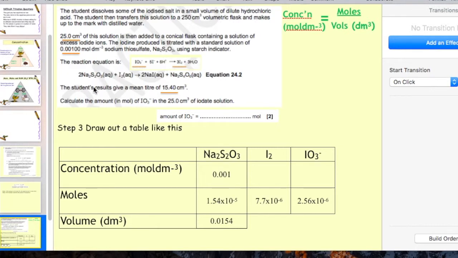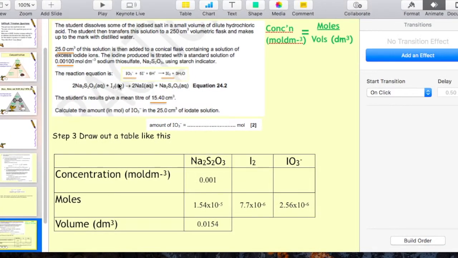So I know how many moles of that I've got. How many moles of that have I got? Well, what you have to look at there is the mole ratio. When we look at the mole ratio, we can see that 2 moles of that react with 1 mole of that. Our unknown is 1 mole. Our known is 2 moles.